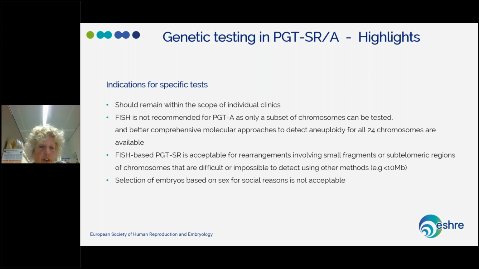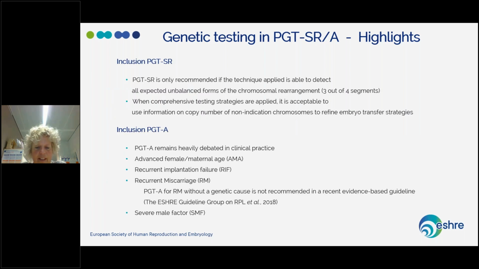So for FISH-based PGT-SR, it is acceptable to study rearrangements involving small fragments or subtelomeric regions of chromosomes that are difficult or impossible to detect using other methods, as they usually have a threshold of about 10 megabases. And that selection of embryos based on sex for social reasons is not acceptable. I can have the next, please.